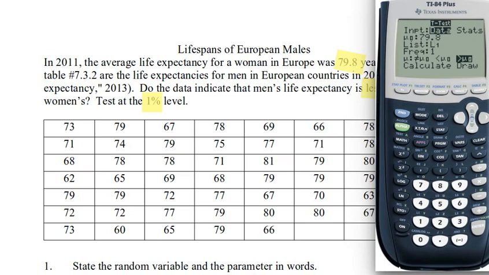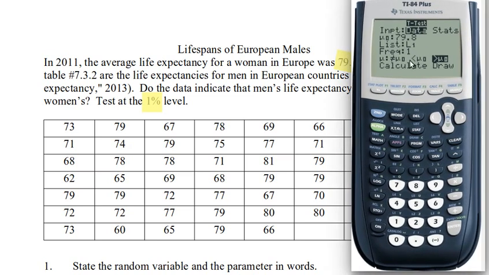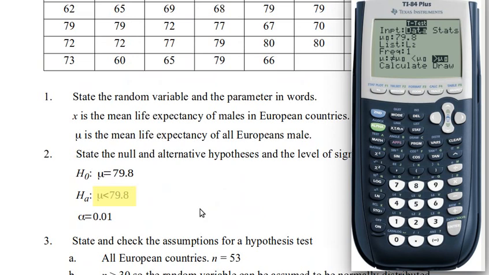I'm using L2, so I'm going to press second and then 2 to use the data from L2. Our alternative hypothesis is that the true population mean for European men is less than mu sub 0. And so I'm going to go over and enter to select that and then down to calculate.